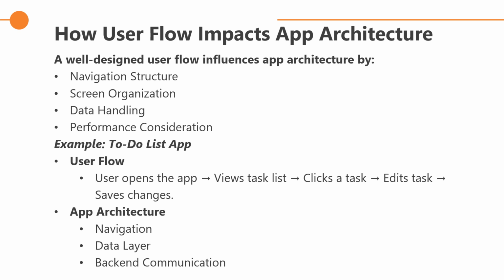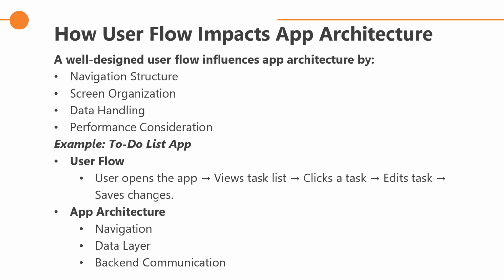If a user flow involves frequent navigation between different screens, then the architecture must optimize memory management and caching. So if you're going from screen to screen, you've got to use that memory management, or, like I said, cache different data so that you're not constantly pulling data from the database every time you go to a new screen.